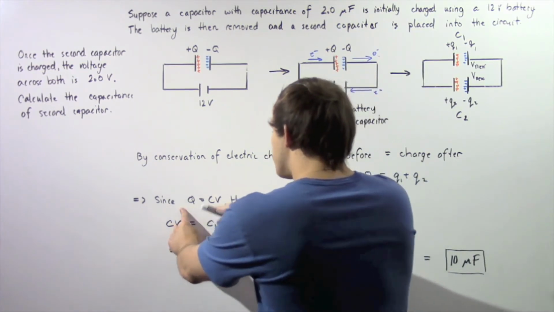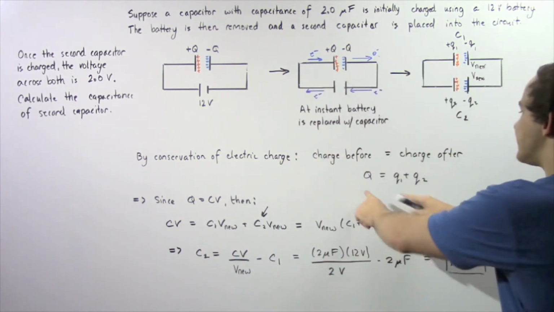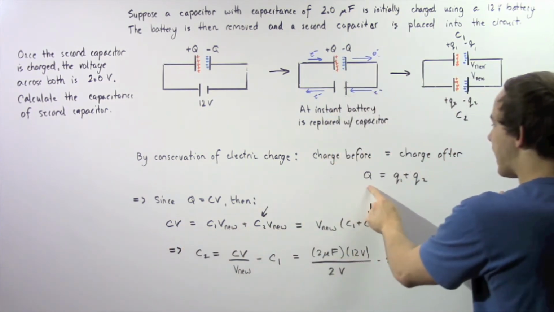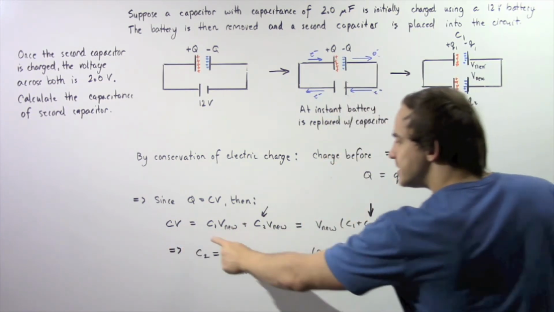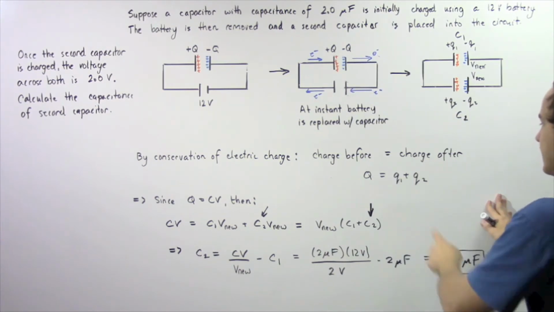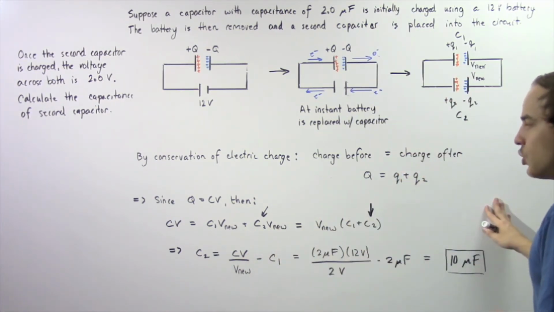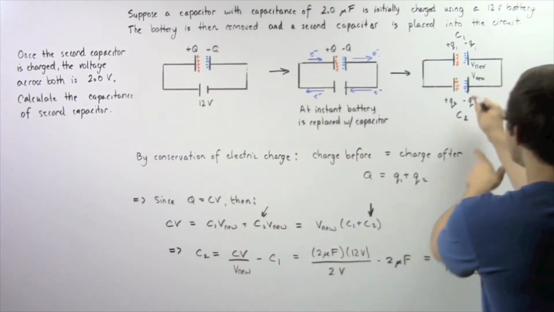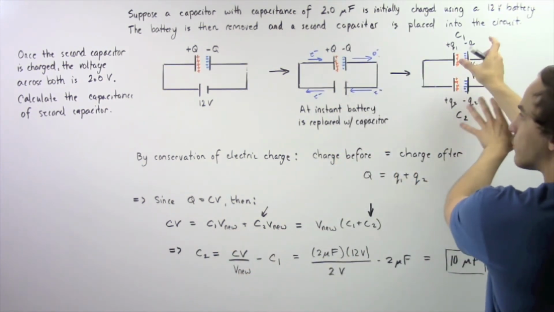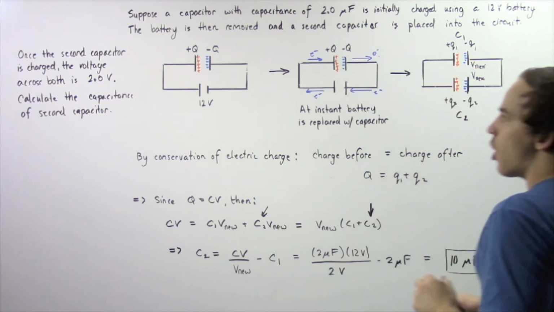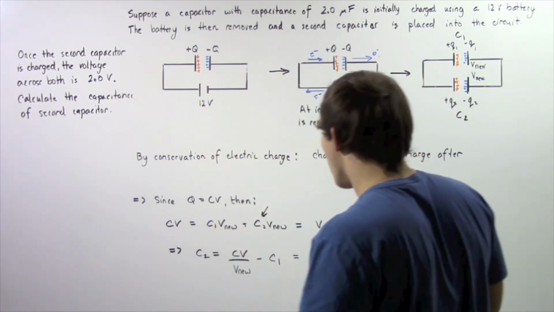We use this equation and rewrite the previous equation. So Q becomes C multiplied by V, Q1 becomes C1 multiplied by V nu, and Q2 becomes C2 multiplied by V nu. V nu is simply the voltage across our two plates after this capacitor is charged, so that is given by 2 volts.